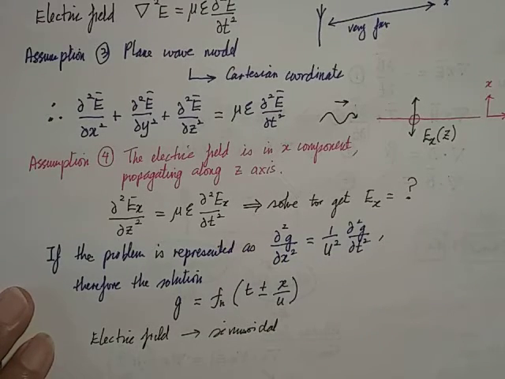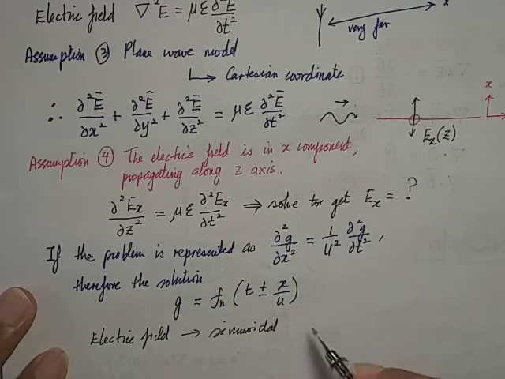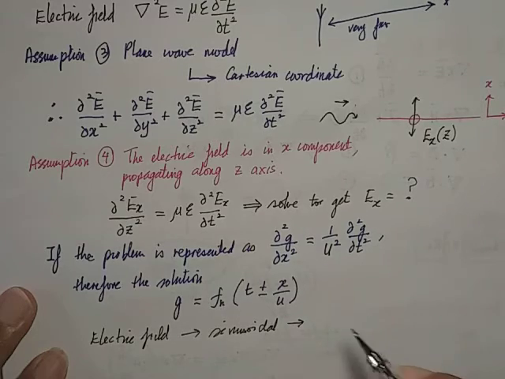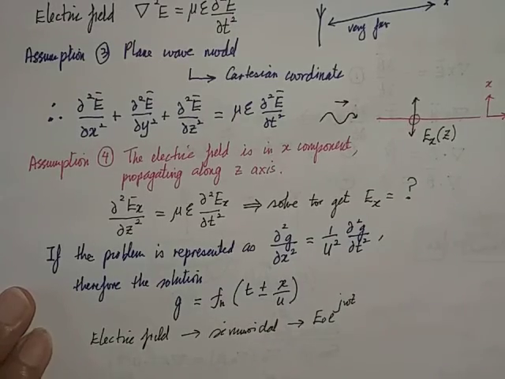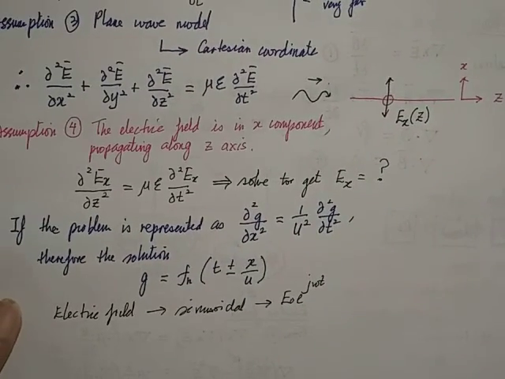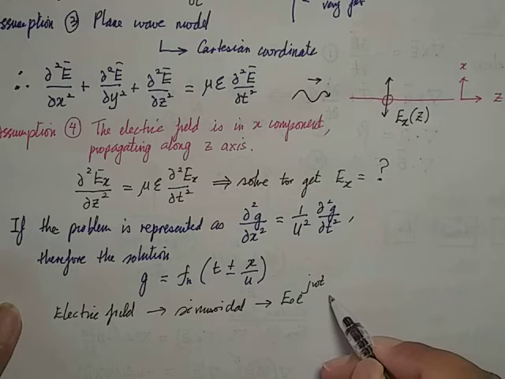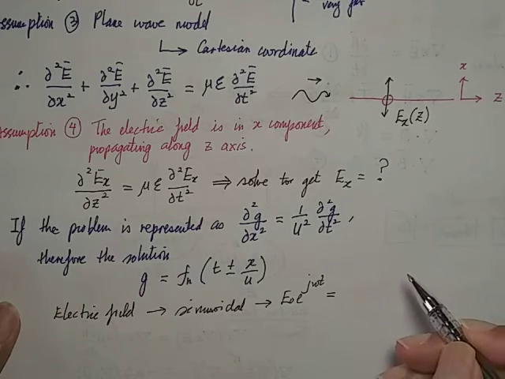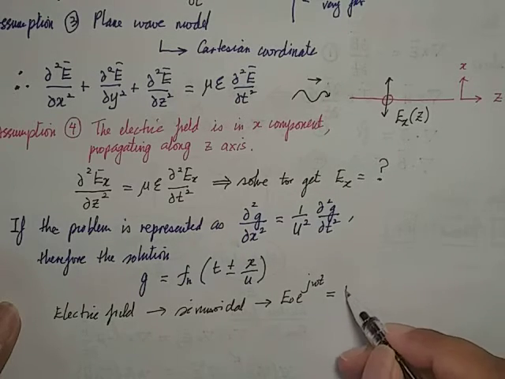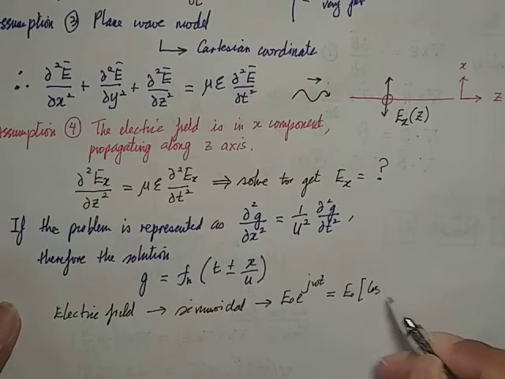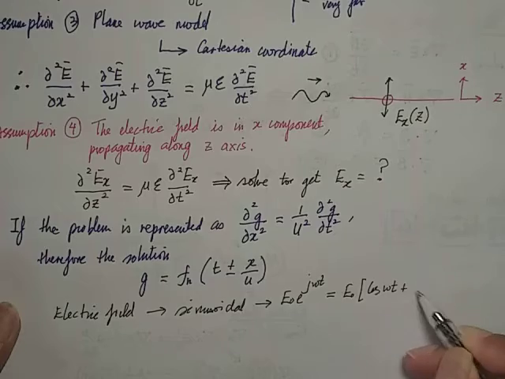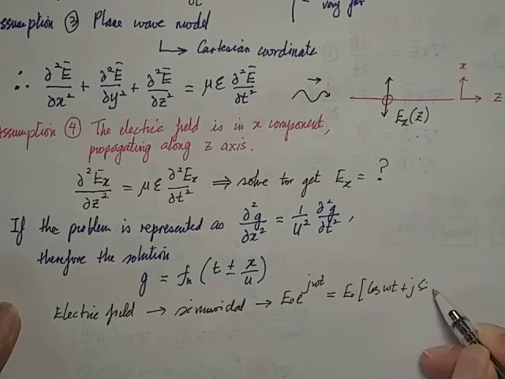Whenever it is sinusoidal, how do we represent that condition mathematically? Yes, by using E naught exponential j omega t. Remember that term that we stated earlier in my previous video? And this can be represented, based on Euler mathematics, as E naught, cos omega t plus j sine omega t. Agreed?